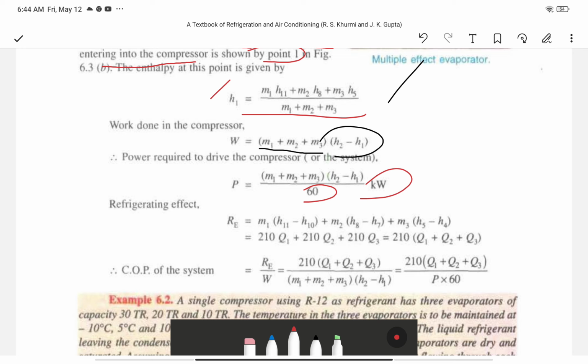Your refrigerating effect is similar, but here you add it individually. This is just Q1, Q2, and Q3. Add them up, and you will have this formula as well.